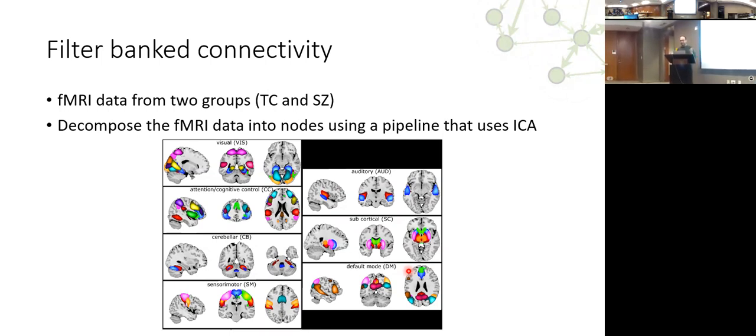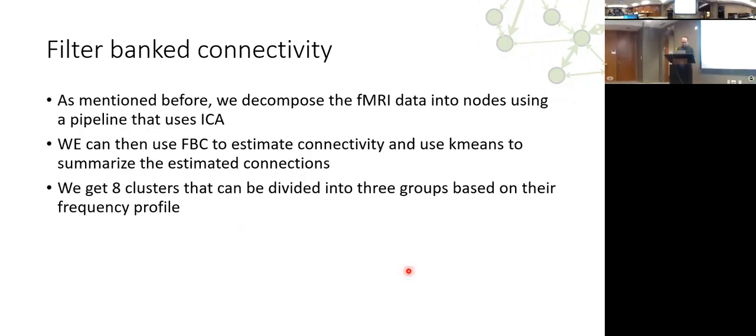As I mentioned, we use the group ICA toolbox to decompose the data into many components, nodes. Sometimes we group these nodes based on their spatial map into some functional domains, for example, visual, auditory, cognitive, etc. It's just a visual thing that we do, because we want them to be grouped together.